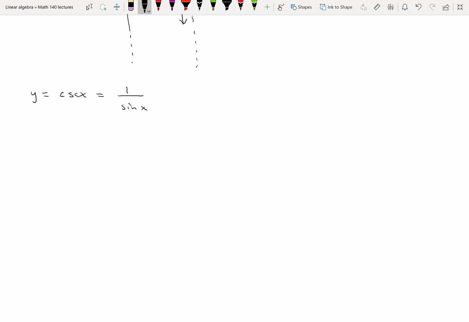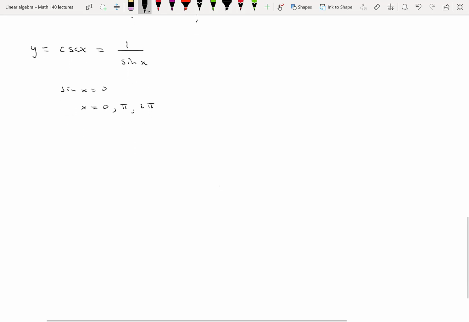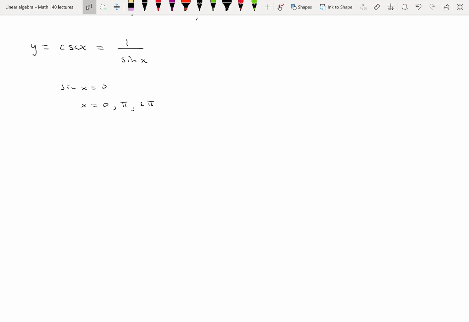All the other trig functions have asymptotes. The cosecant will have asymptotes wherever the sine is 0. The sine is 0 when x equals 0, pi, and 2 pi. So at those values, we're going to get asymptotes. Okay, so let's do that.